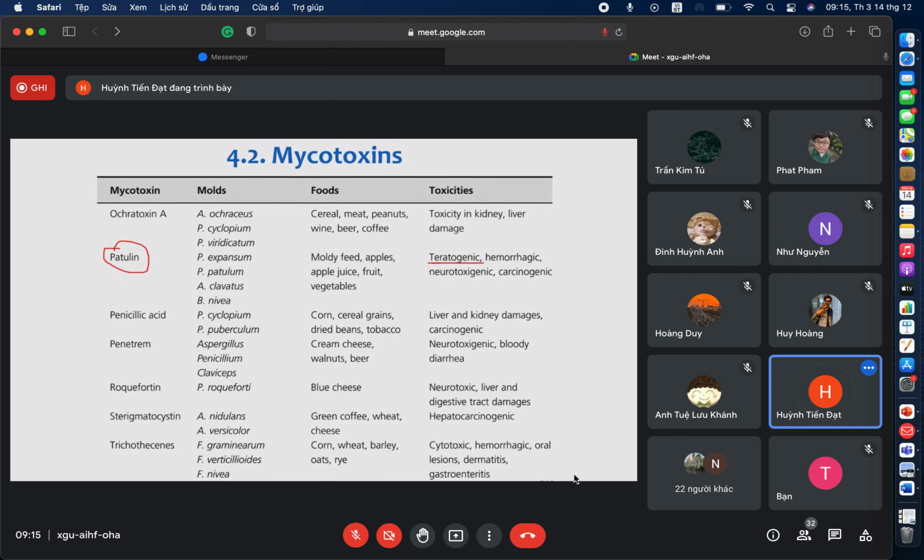Any ideas? I don't remember so well, but I think it relates to the ability to give birth. Yes, it involves abnormal development of the fetus, so the baby becomes abnormal. Dangerous as well.